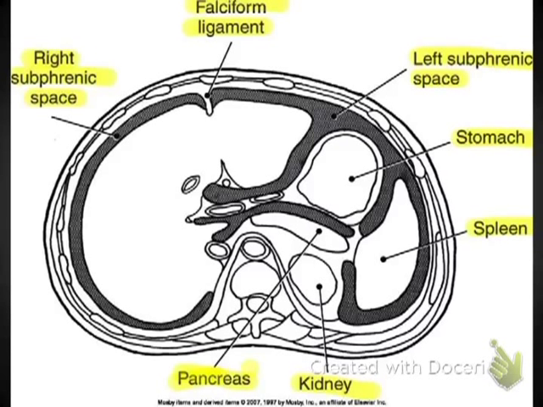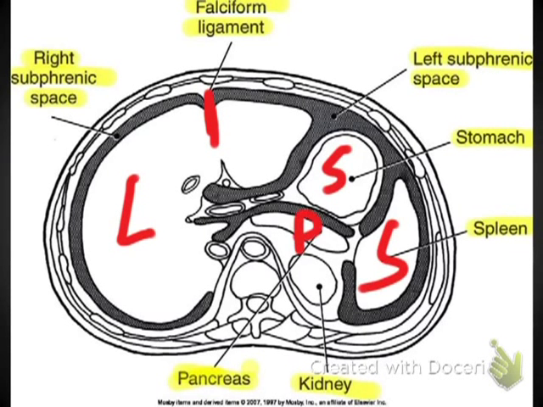Here we have another demonstration of the falciform ligament. And as we can see, we have the liver here, and we have the falciform ligament coming here, separating right from left lobes. We also have in this drawing the stomach, the spleen, the pancreas, and also we have different spaces.